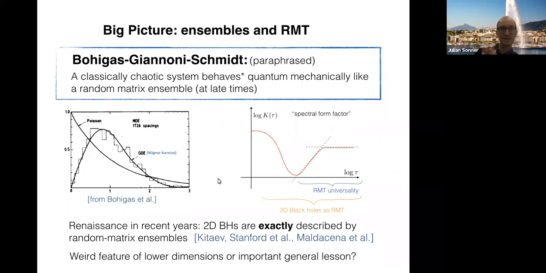If you take a complicated enough chaotic system and look at its level spacing distribution, you find, for example, this one from compound nuclei, from complicated nuclear physics data. It is well approximated by a distribution of eigenvalue spacings that follows from just assuming that the Hamiltonian is a random matrix. This is, of course, Wigner's idea, and we refer to this as the Wigner surmise. In this case it is the Gaussian orthogonal ensemble. So to repeat, the idea is that a chaotic system.